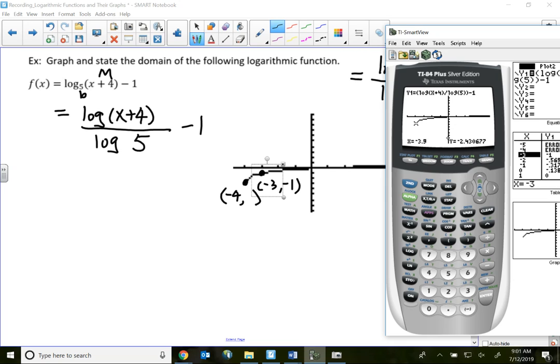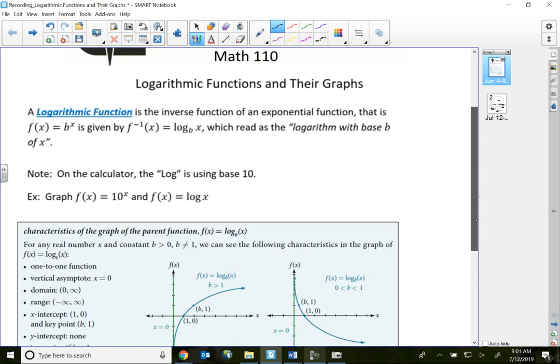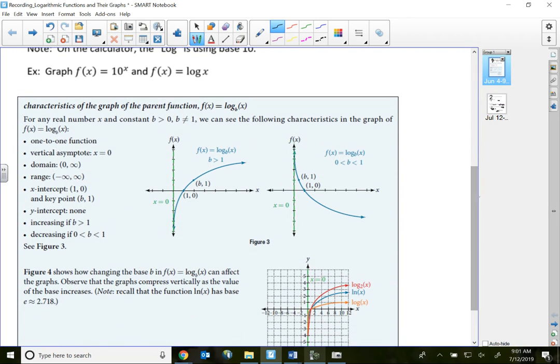All right. So I don't really know exactly what my range is. That's why I got this picture right here. My range for these pictures is from negative infinity to infinity.